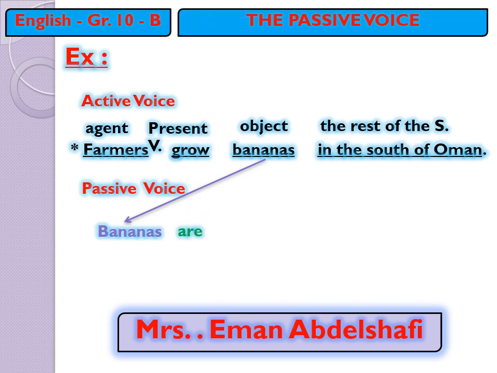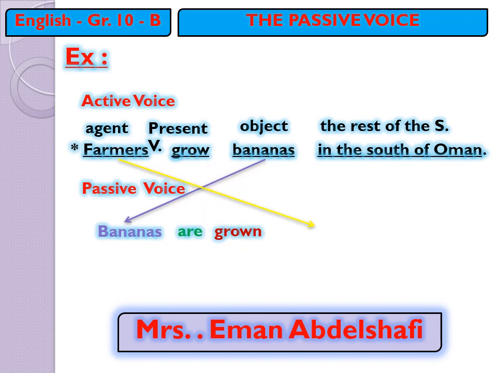Here the verb is present. The main verb of the active sentence is present, and bananas is a plural noun, so we are going to use are. Now we are going to write the past participle of grow, which is grown.